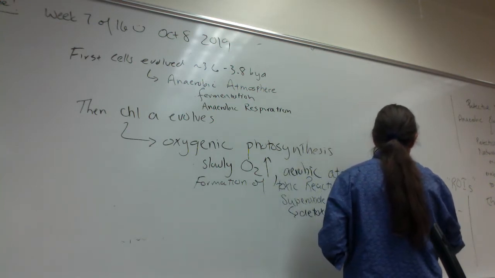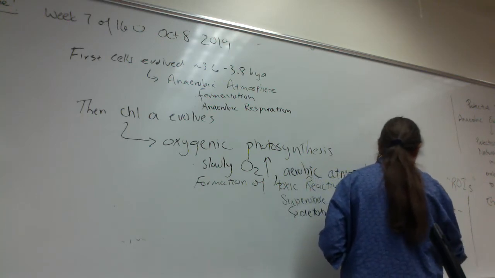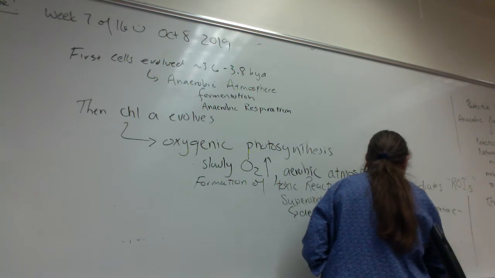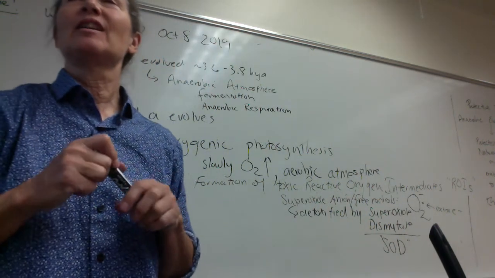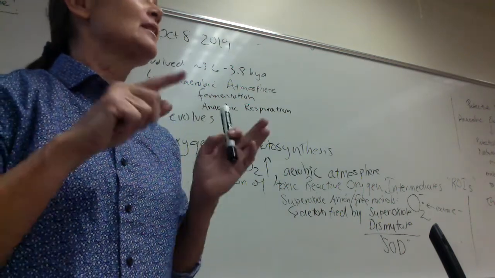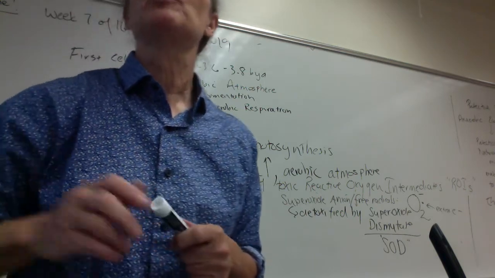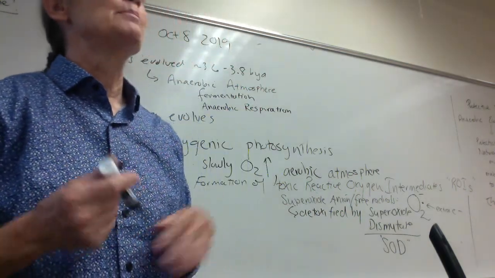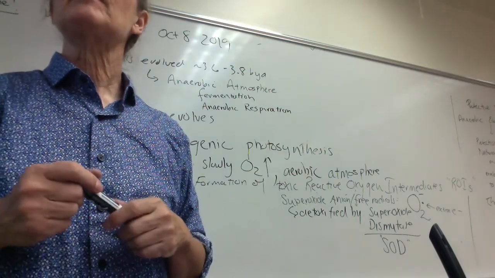Because we use an abbreviation for that, we call it SOD. Not very elegant, but superoxide dismutase is going to help detoxify the superoxide anion, and it's going to break it down into hydrogen peroxide. Now you might say, wait, hydrogen peroxide is also toxic, but it's far less toxic than the superoxide anion.